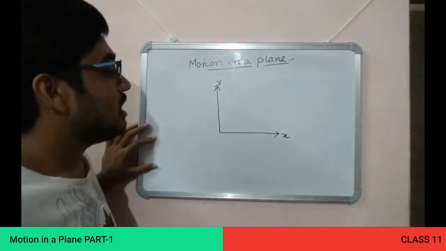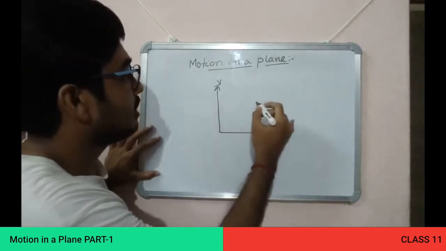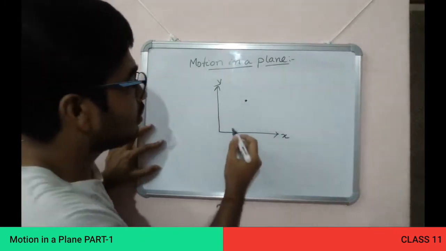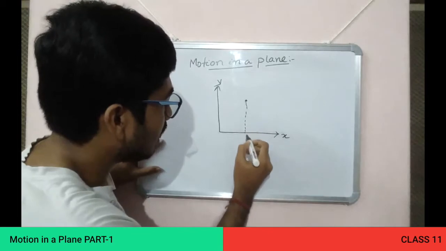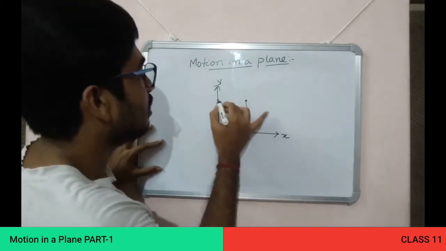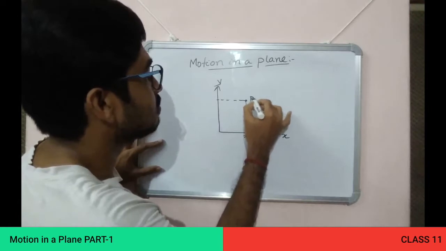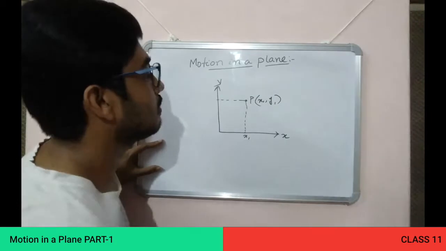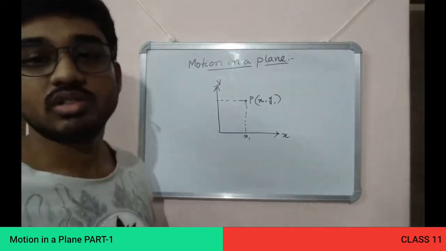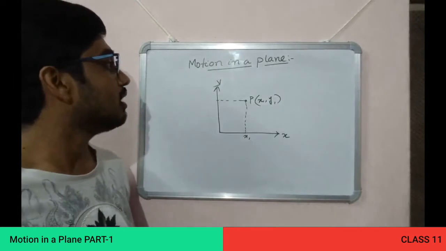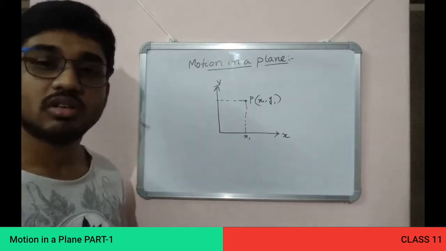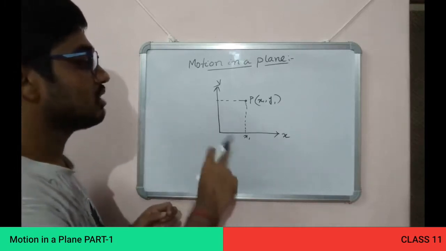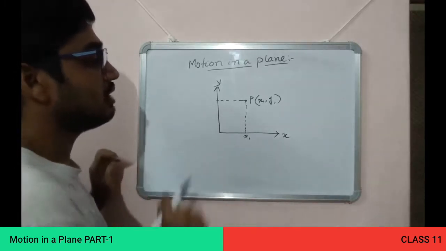If I try to point a particle at this point, then I have to describe its coordinate along the x and y axes. So if it's P, its coordinate is x1, y1. So when we are considering the motion of a particle in a plane, we have to consider two axes, x and y, and thus we describe our particle in the plane.